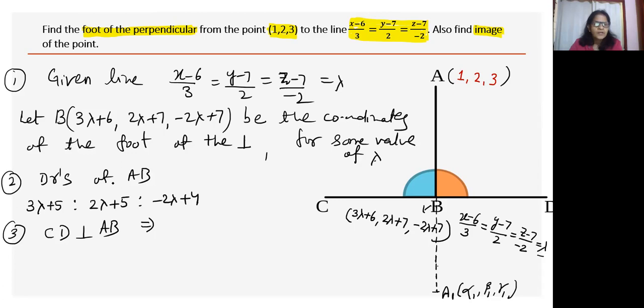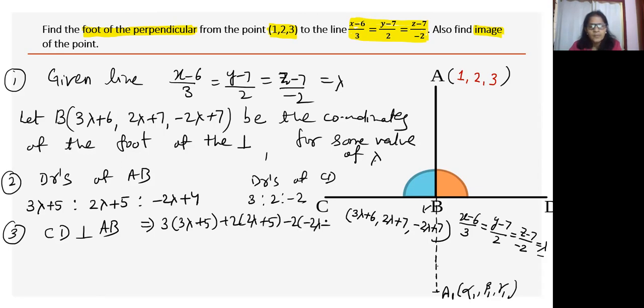Here we have direction ratios of AB, this, and direction ratios of CD, that is 3, 2, minus 2. So 3 into (3 lambda plus 5) plus 2 into (2 lambda plus 5) minus 2 into (minus 2 lambda plus 4) equal to 0.